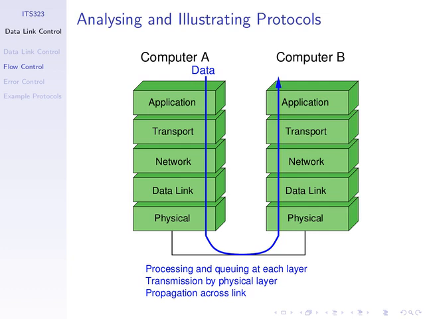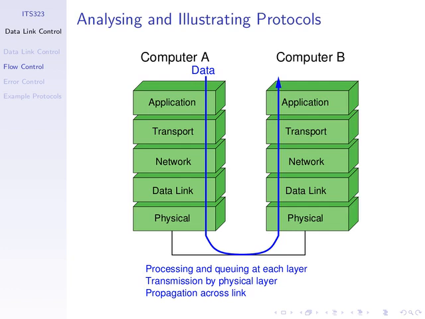We're dealing with the data link layer. But in general, what happens, we have data, the application layer processes it, sends it down to the next layer, and so on, until it's transmitted across our link, and then it's received, and that data is passed up through the layers to the person or the receiver at computer B.